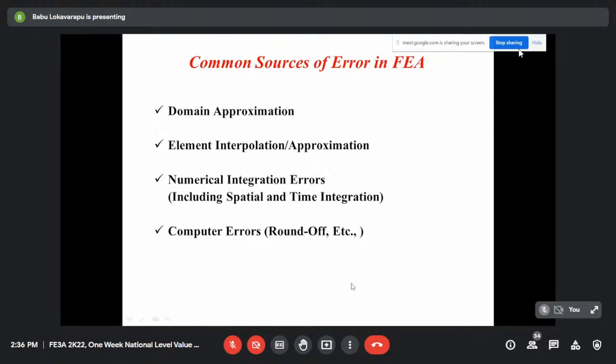And this is another important thing one should know: the common sources of error.